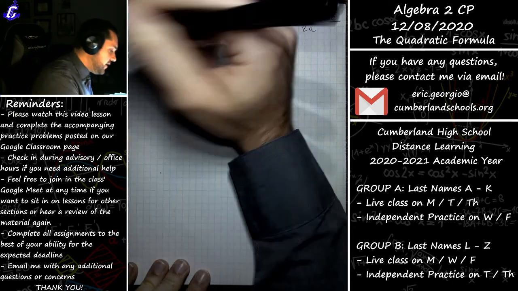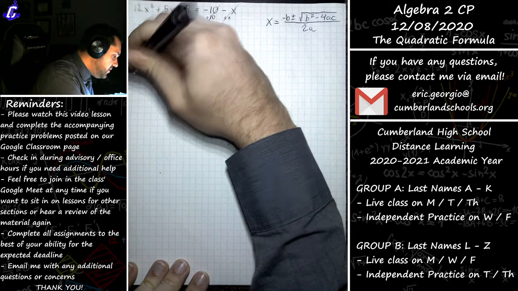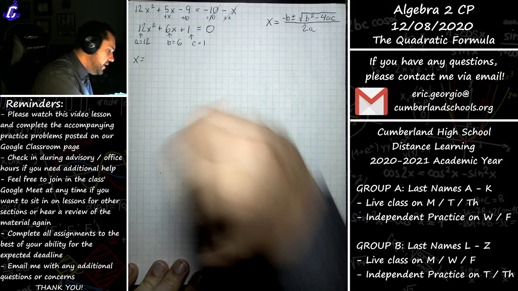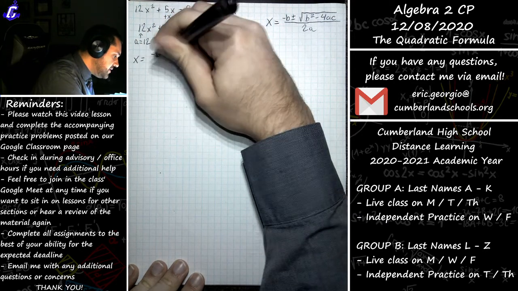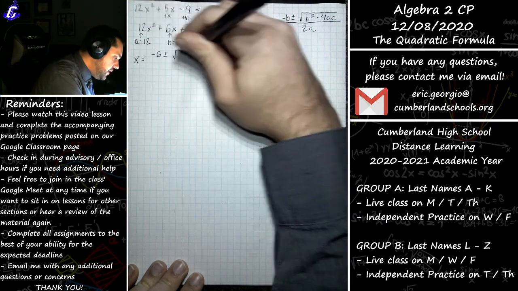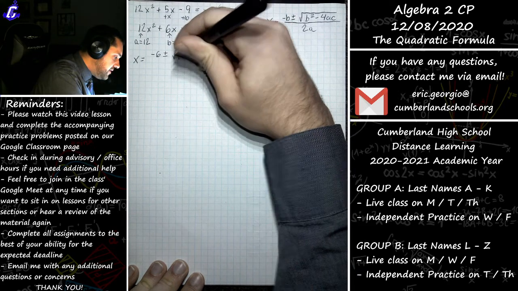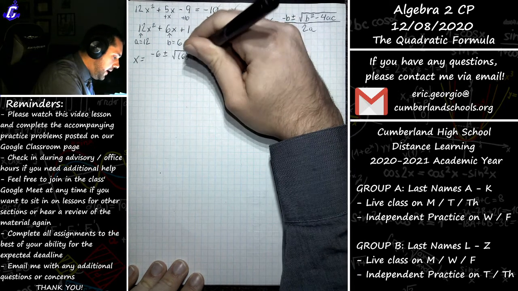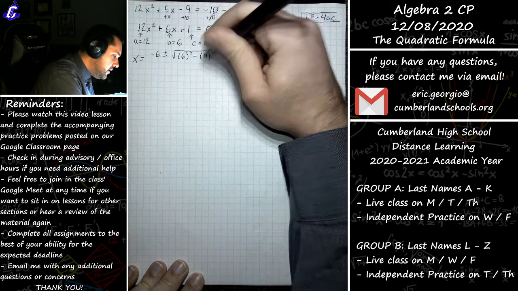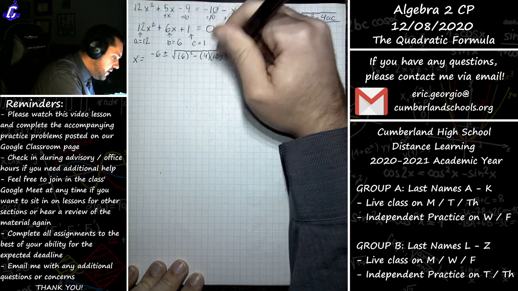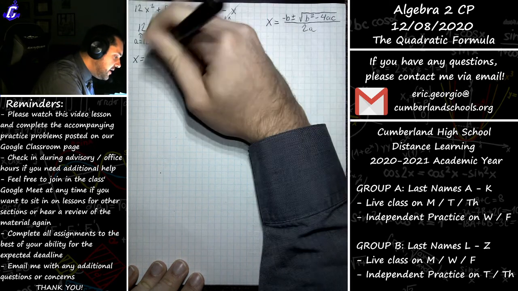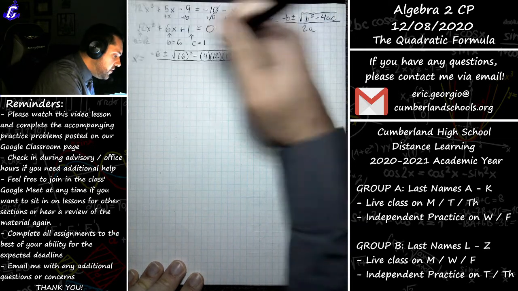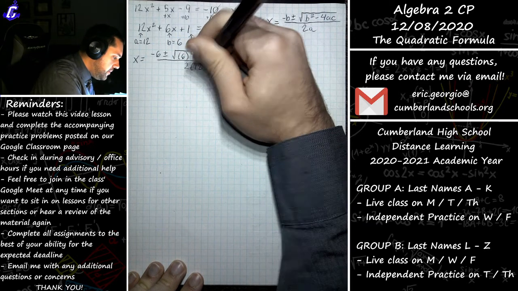I'd use my quadratic formula to say, well, x equals, using my formula, negative b, the opposite of 6, plus or minus the square root of b squared, that's 6 squared, minus the product of 4 times 12 times 1, that's 4ac, all over 2a, that's 2 times 12.